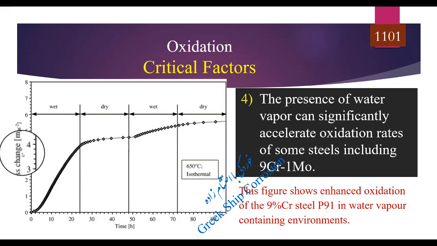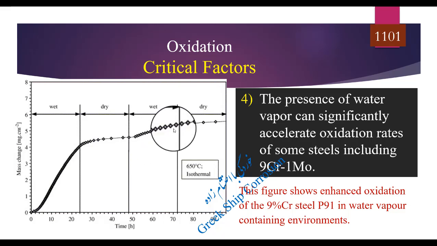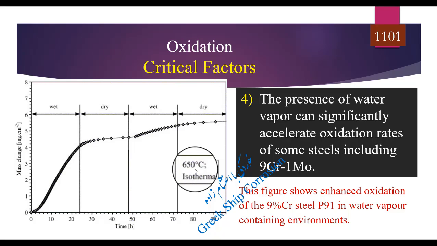Mass change increases with increasing time in wet environment, remaining approximately constant in dry environment. Again, in water vapor containing environment, the mass change increases, and again, in dry, it remains approximately constant. This test is isothermal at 650 degrees Celsius.